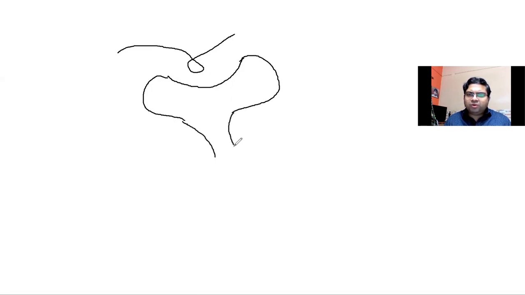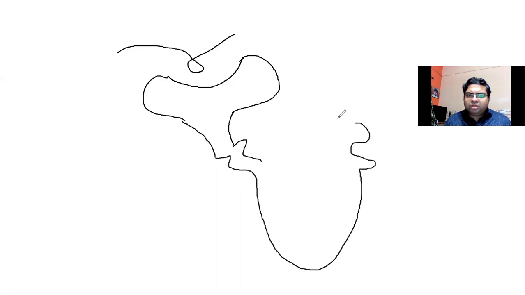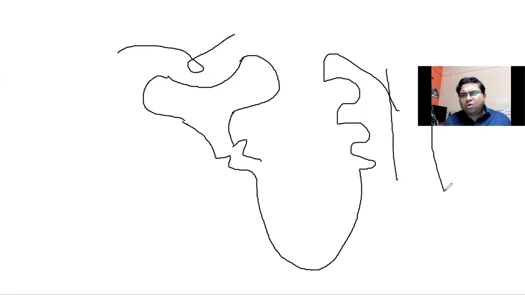That will have a lot of convolution over here. Then the loop of Henle goes up, and then it will form a distal convoluted tubule and ultimately drains into the collecting duct. The collecting duct finally opens up into the pelvis.